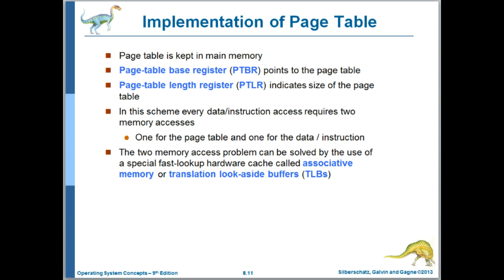A consequence of this now is that a single memory reference requires two memory operations, one to reference the page table and the second to perform the actual memory read or write. That can be time consuming, so a special type of cache, a translation look-aside buffer, is used to cache portions of the page table to eliminate that second memory access.